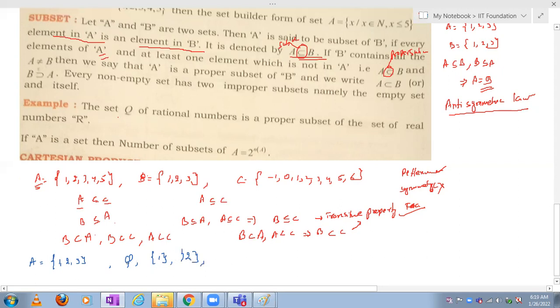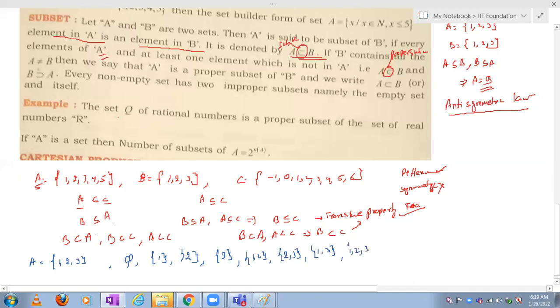This is also another set, which is subset of A. Then what can you write? 3 is also subset of A, and like that 1, 2 also subset of A, 2, 3 also subset of A, and 1, 3 also subset of A, and similarly 1, 2, 3.